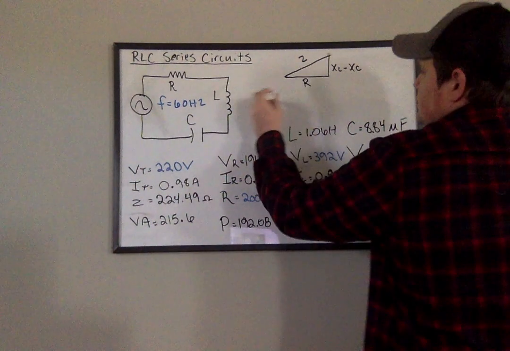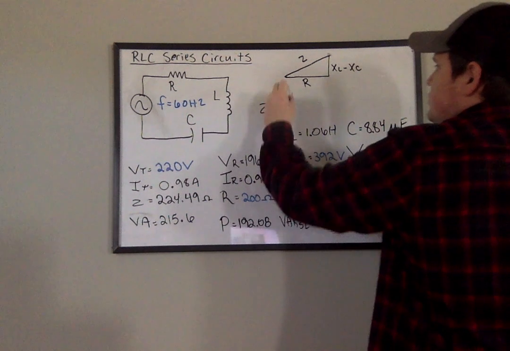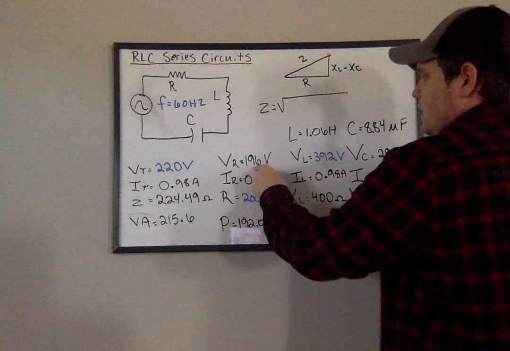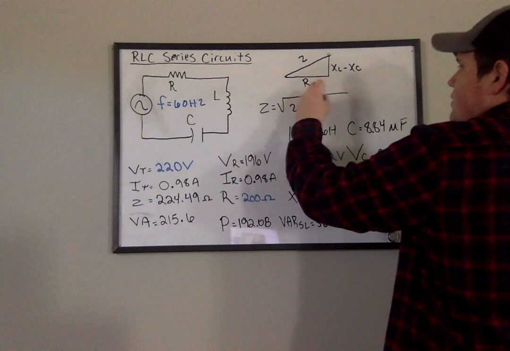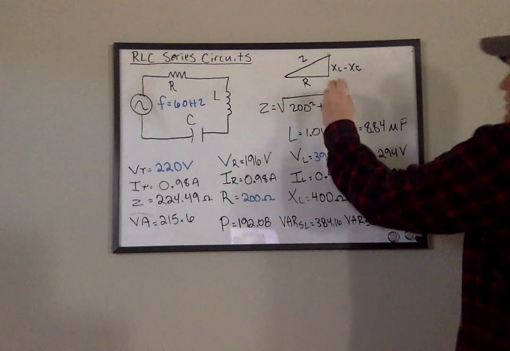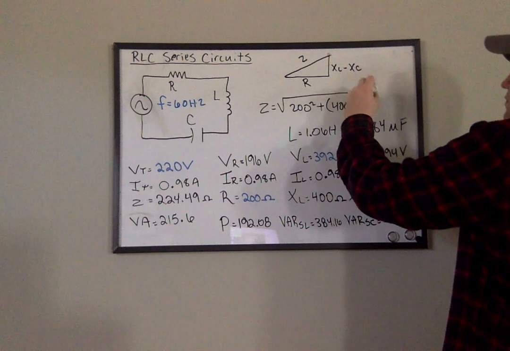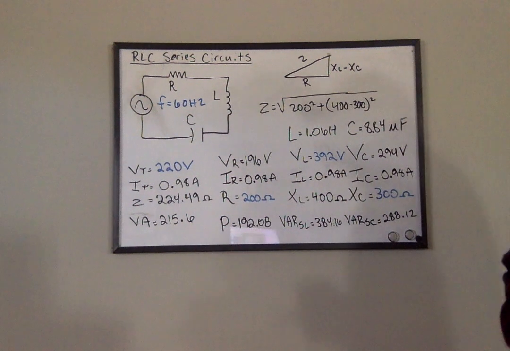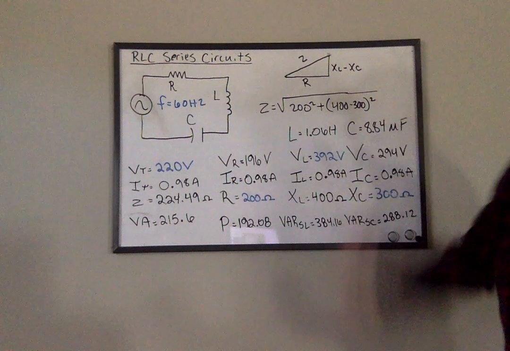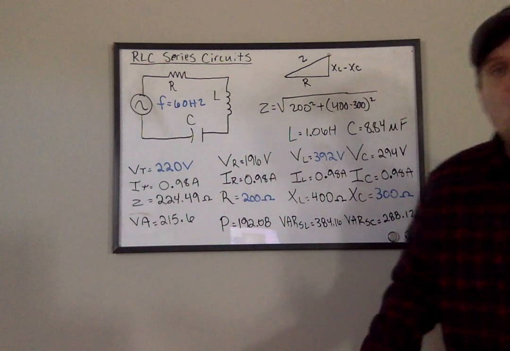So, to translate that into a formula, I would have Z is equal to the square root of R squared, so that's 200 squared, plus parentheses 400 minus 300, squared, and that should give us our answer. Now, if you know 400 minus 300 is 100, you can just do that if you want.